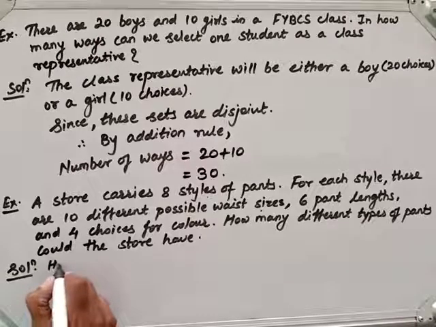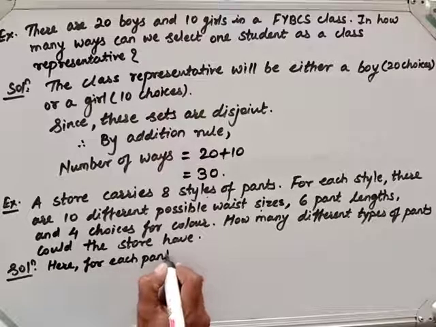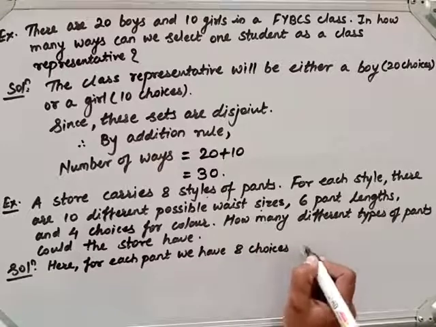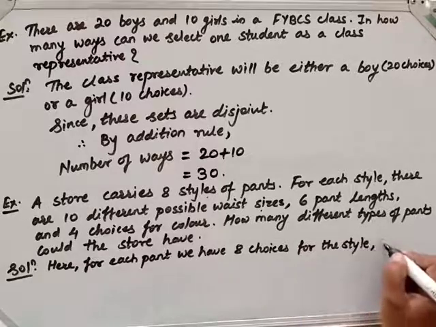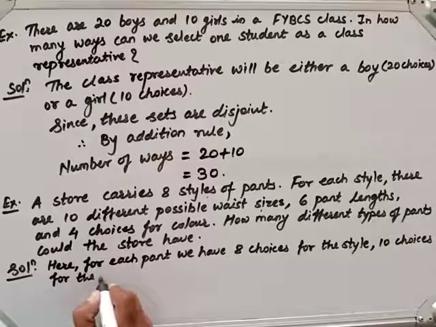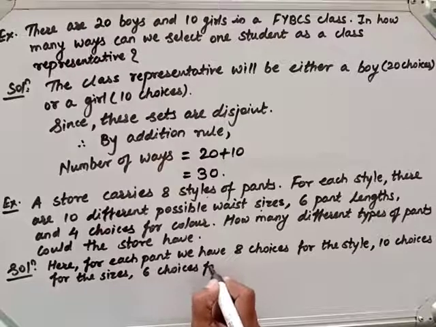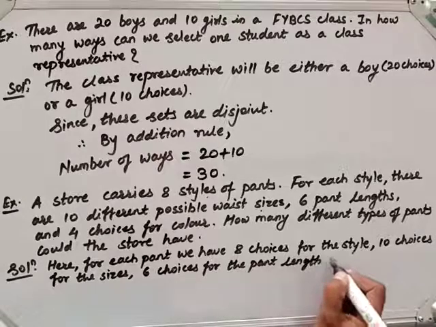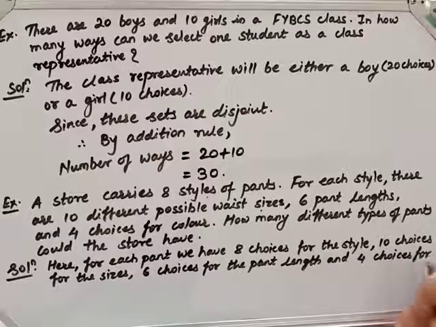So here a simple way to write this answer here, for each pant we have 8 choices for the style, 10 choices for the size, 6 choices for the pant length, and 4 choices for the color.